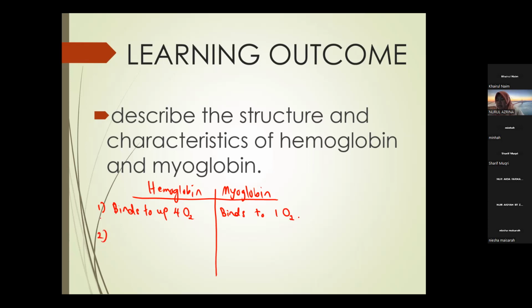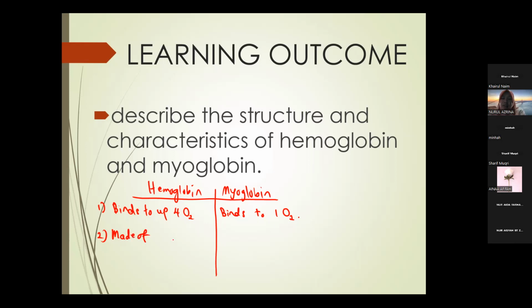Okay, good. What makes hemoglobin able to bind to 4 molecules of oxygen? Aina Afifa: Hemoglobin has 4 heme groups, while myoglobin only has 1. Okay, good. Why does it have 4 heme groups? Because it has 4 polypeptide chains, madam.